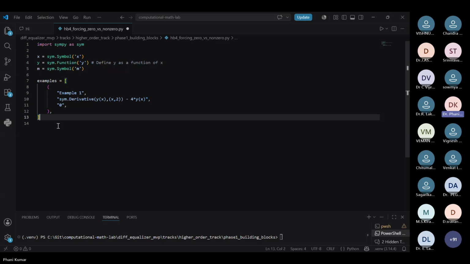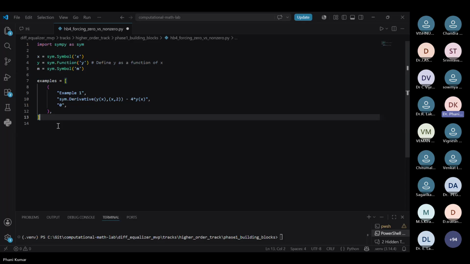This is the way you have to represent it. So sim.derivative of y of x, x, 2 means d square y by dx square with respect to x, minus 4 times y of x.